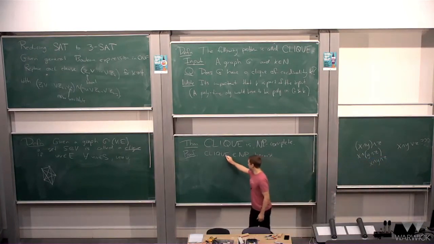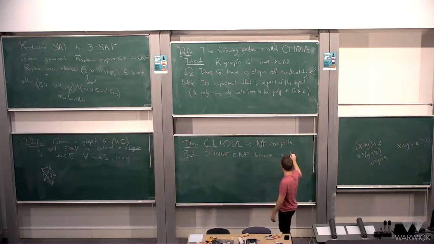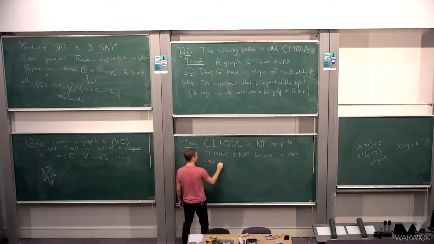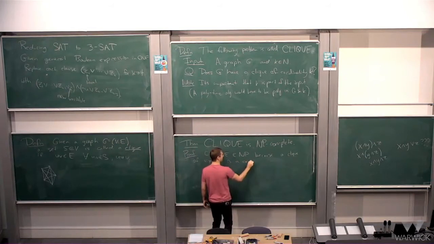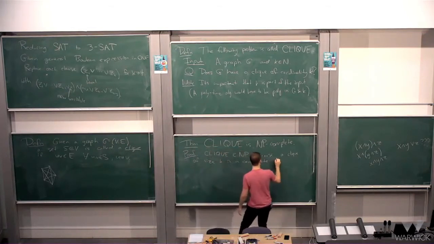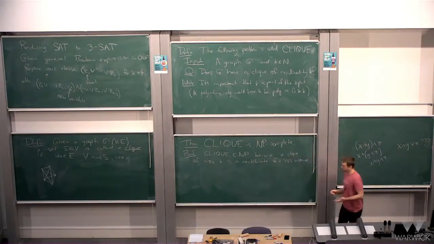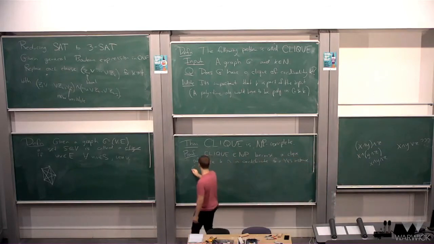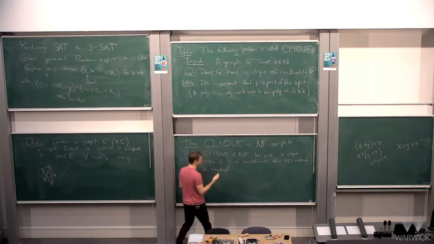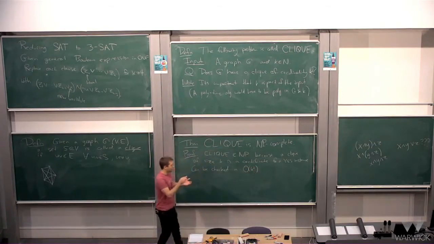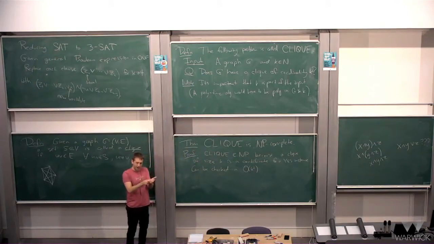Basically because a clique of size k is itself a certificate for a yes instance, and as was said, you can check that this is a valid certificate in polynomial time because you just have to check every pair of vertices in the clique and see that it's an edge.